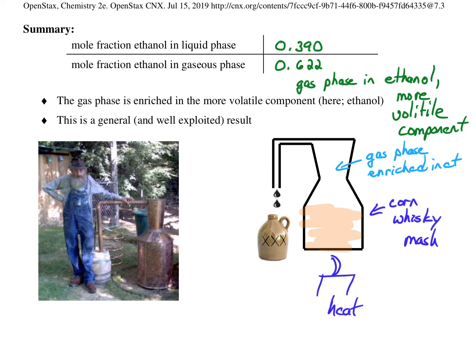So if we allow that vapor phase to continue through the still and condense down, we end up with a product that has a much higher ethanol content.